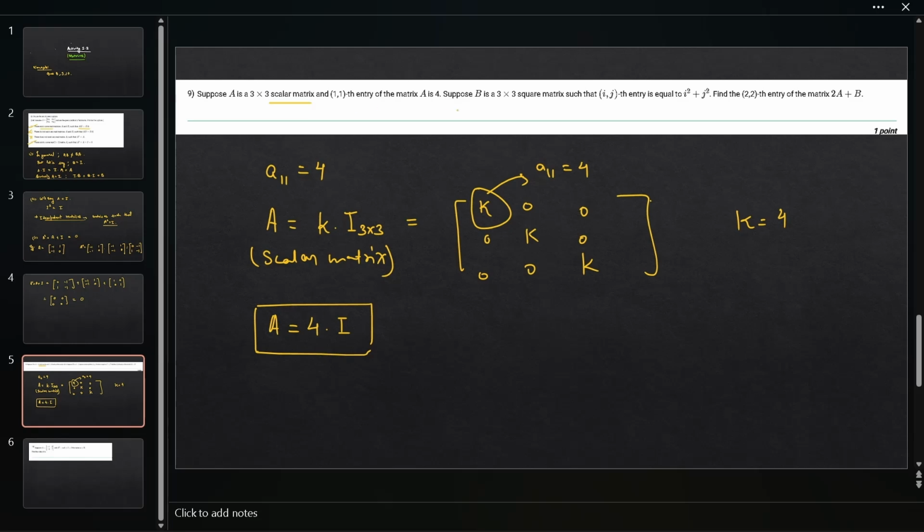Moving on to the next part of the question, where it is said that B is a 3 cross 3 square matrix such that the ijth entry is equal to i square plus j square.